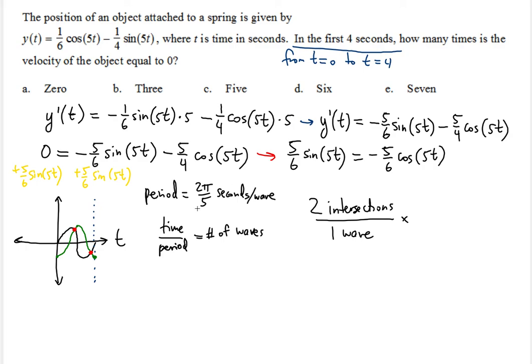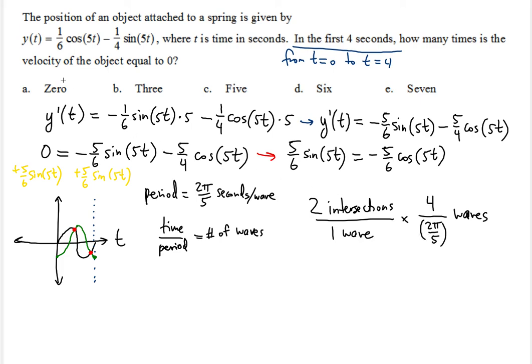We're going to take the full time, which is the period from t is equal to 0 to t is equal to 4. So 4 seconds. Divide that by the period, right? Using this formula. Period is 2 pi over 5 seconds per wave. So as a result, this whole thing is waves, right? As we've noted. We can label this unit as waves safely. So 4 over 2 pi over 5 waves.